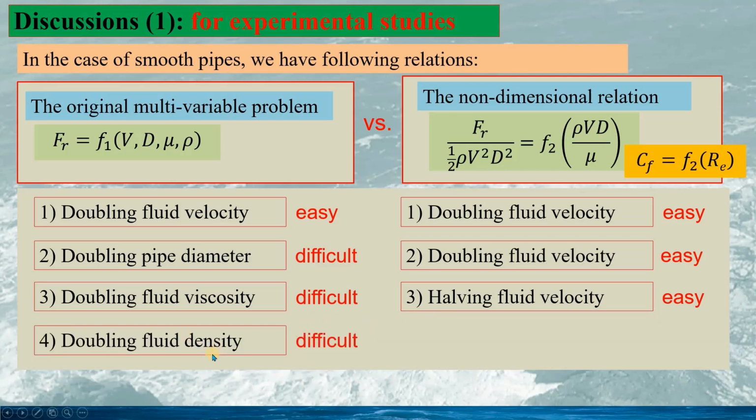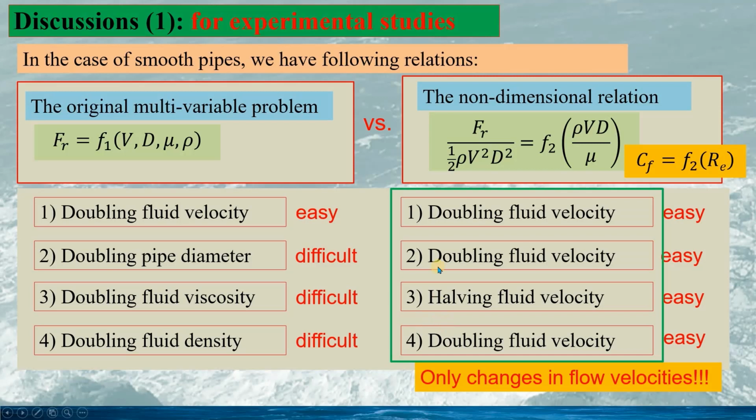If we double the fluid density, again it's difficult since we need to change the fluid. For instance, if we double the fluid density, that means we double the Reynolds number. And we can achieve the same Reynolds number by doubling the fluid velocity.